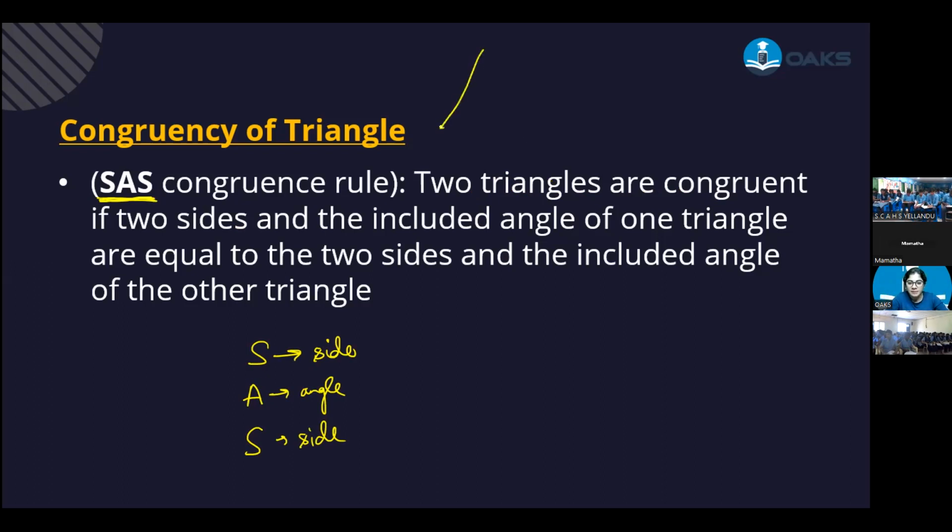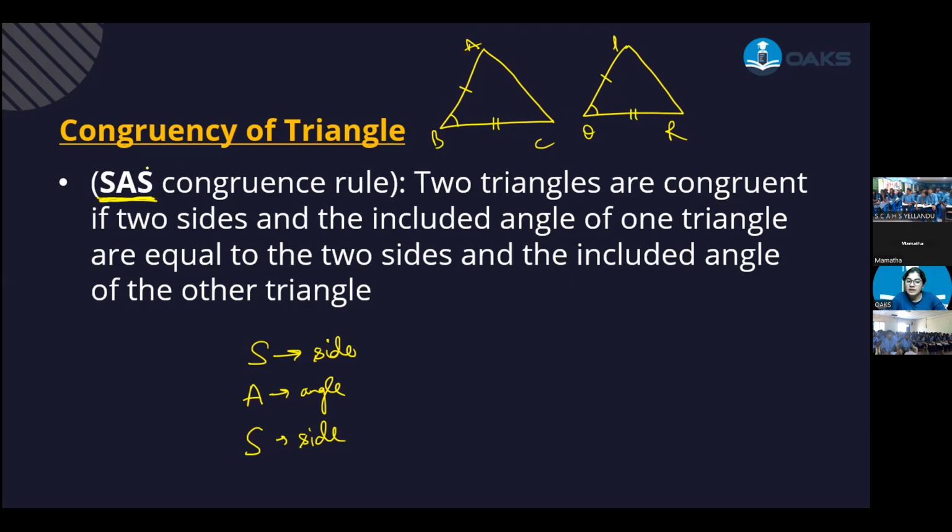See, I'm giving you an example. I have ABC and PQR like this. If I have this equal to this and this equal to this and this angle equal to this angle, now with the help of the SAS congruency rule, we can say that triangle ABC is congruent to triangle PQR.